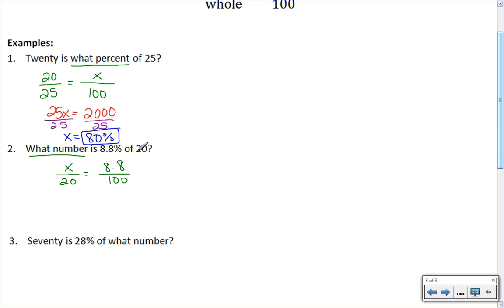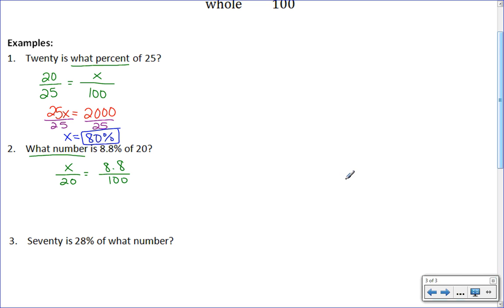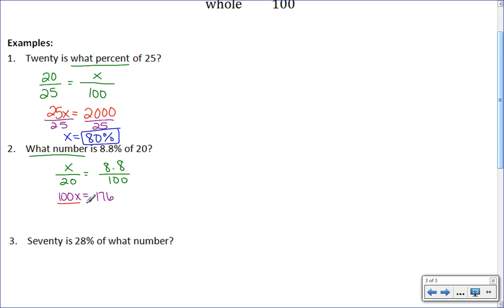And again, that word of really helps you identify which is the part and which is the whole. Okay, so now let's do our cross products. This is 100x. Then 8.8 times 20 is 176. And we will divide both sides by 100.